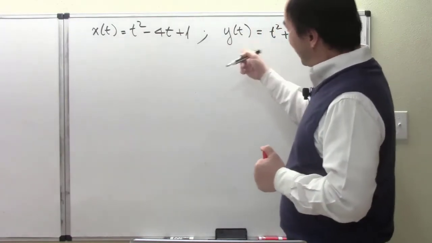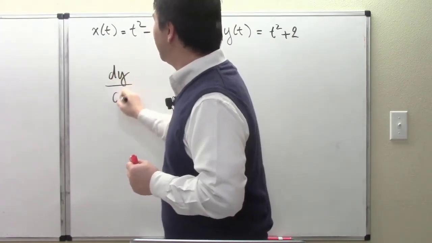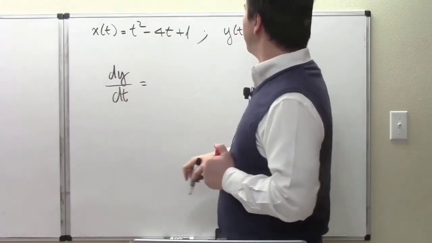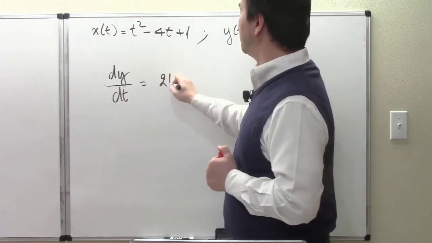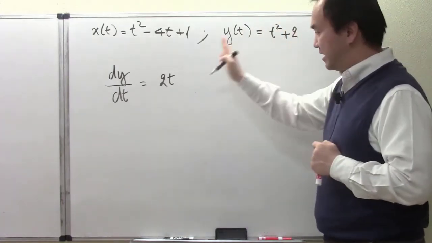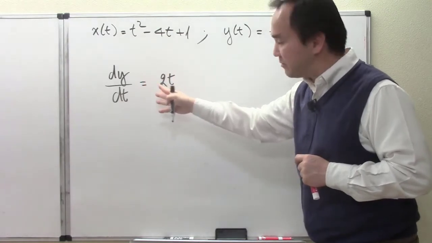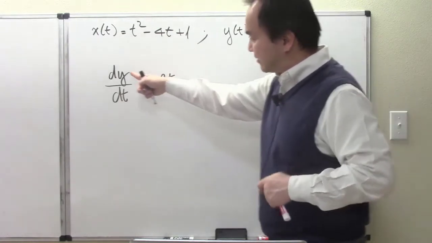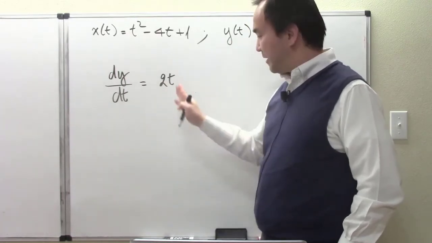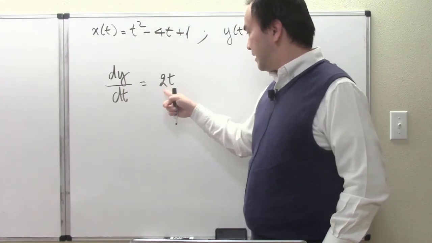So now what I need here at the bottom line is dy/dt. dy/dt comes out easily: the first term gives me a 2t, and that constant term has a derivative of 0. So my general instantaneous velocity up and down here is 2t.